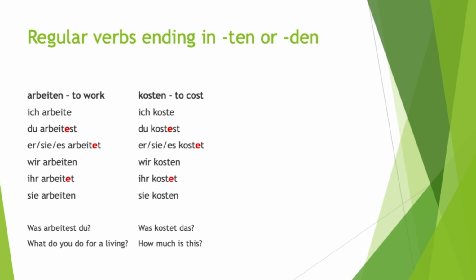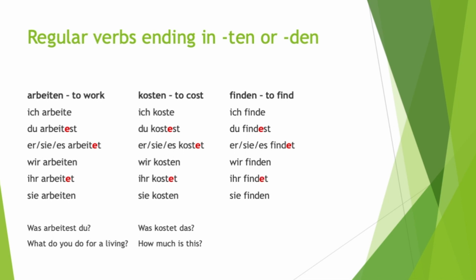Next one, we'll do finden, to find. Same rules apply because it ends in den. You know the drill. Go. Ich finde. Du findest. Sie, es findet. Wir finden. Ihr findet. Sie finden. Great.